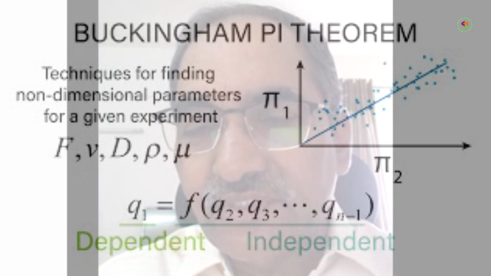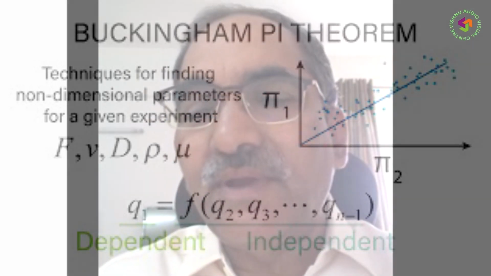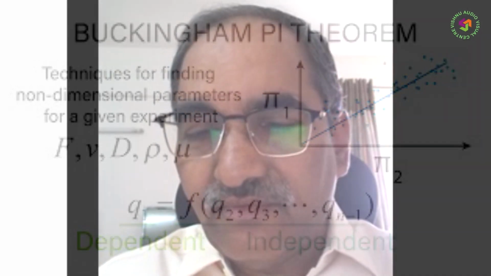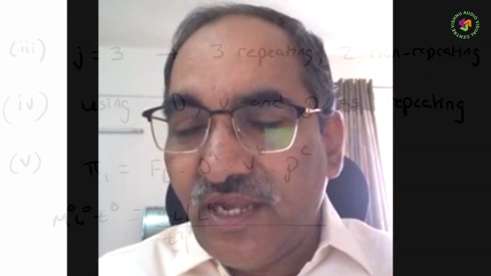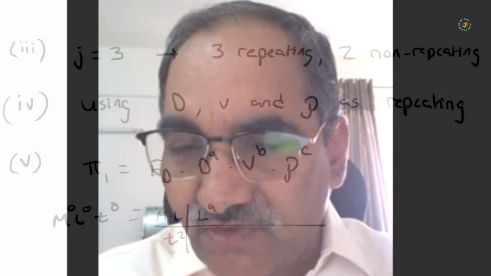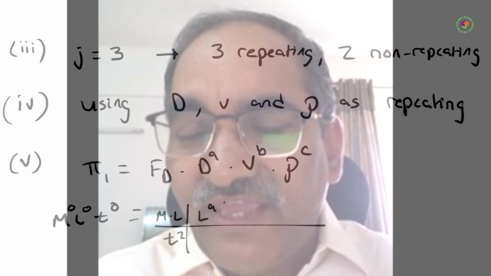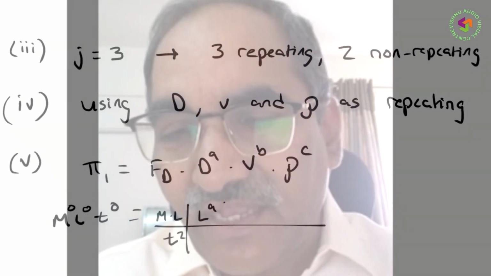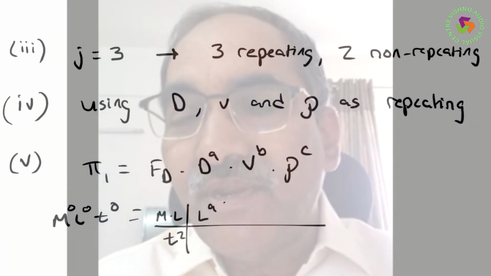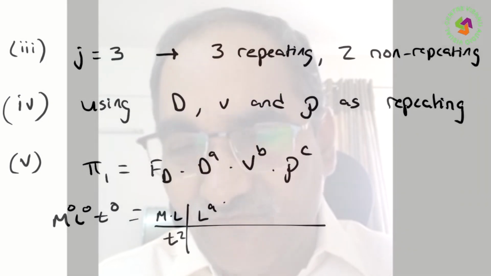That's why the second method, the Buckingham Pi method, which is easier, simple, and can be used for any number of variables. In Rayleigh's method, we solved the problems taking 4 variables, and I showed why Rayleigh's method becomes difficult if the number of variables is more than 4.